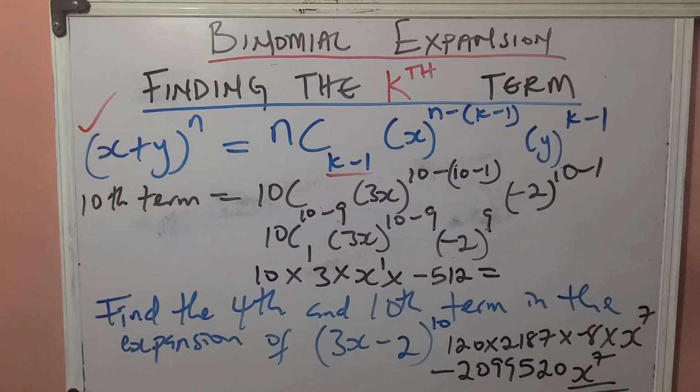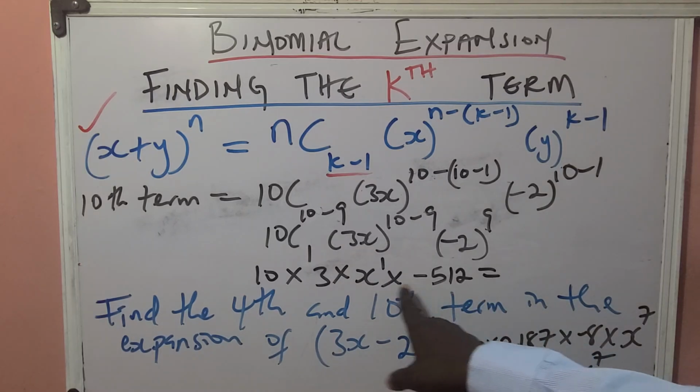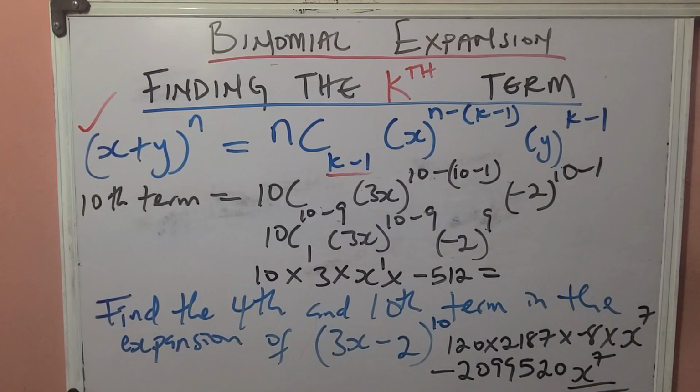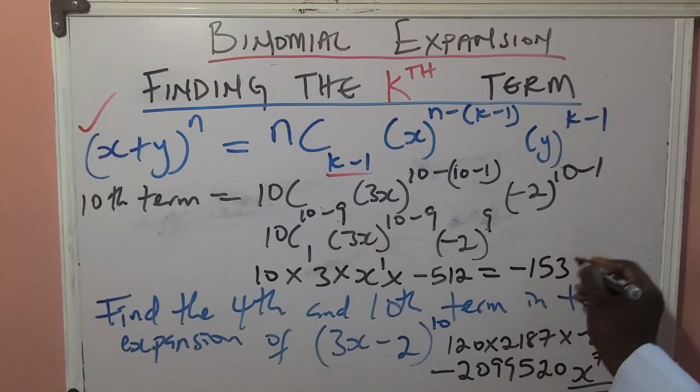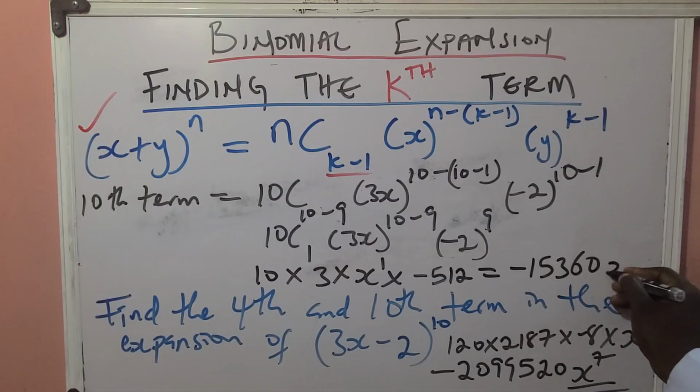If you multiply minus 512 times 3 times 10, you get a value of minus 15360. Of course, x raised to power 1, which is still x.